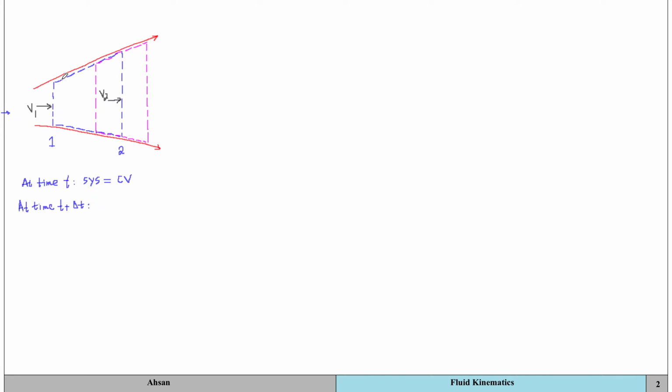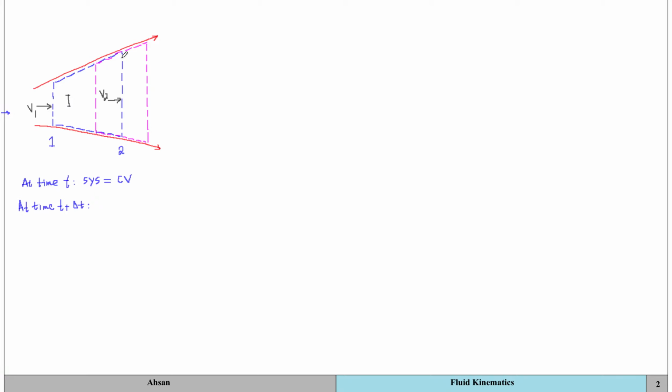The region that is uncovered by the system during its motion, which is this one, we're going to call it 1. This is the region that is left by the system, but it's a part of the control volume. Not the entire control volume, just this part.